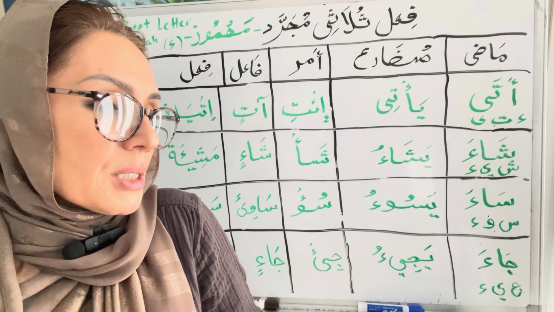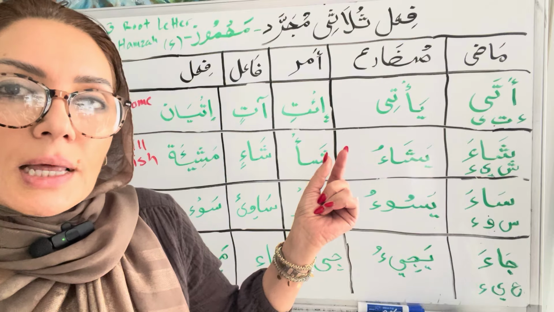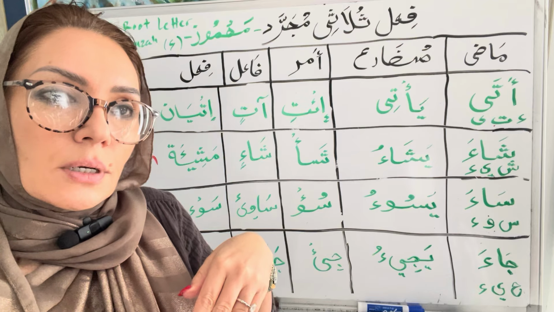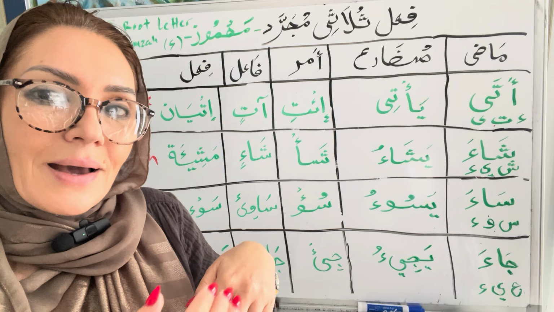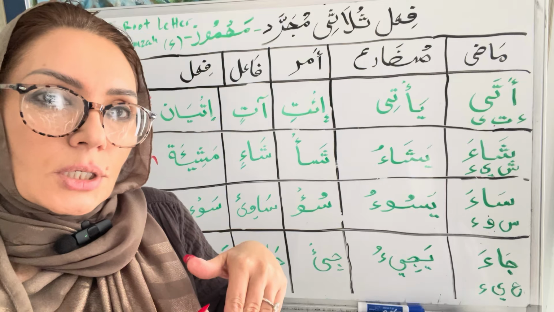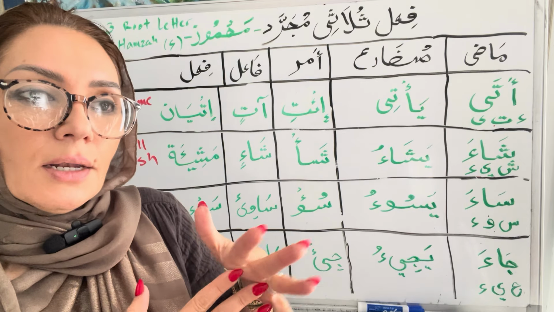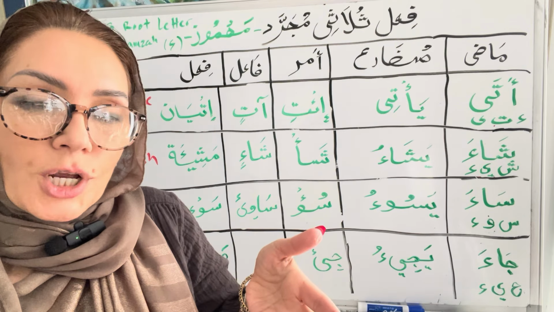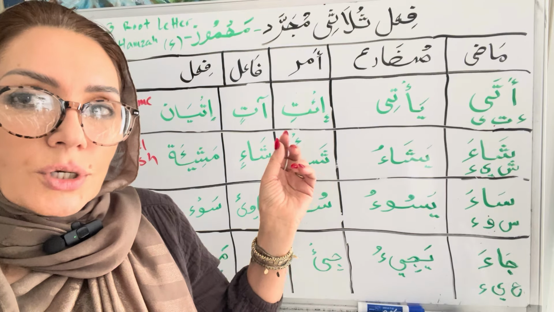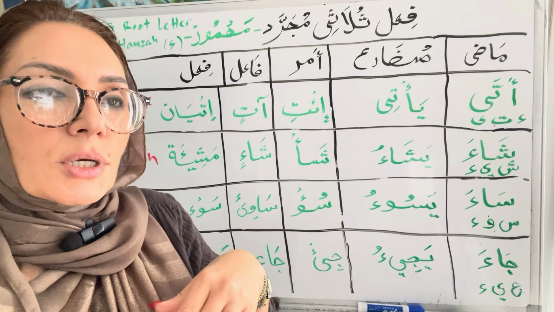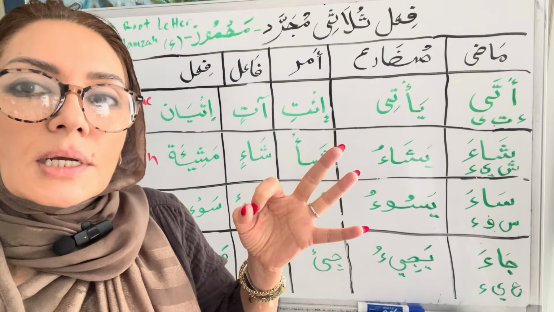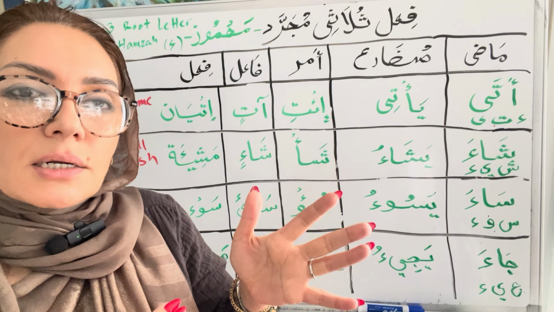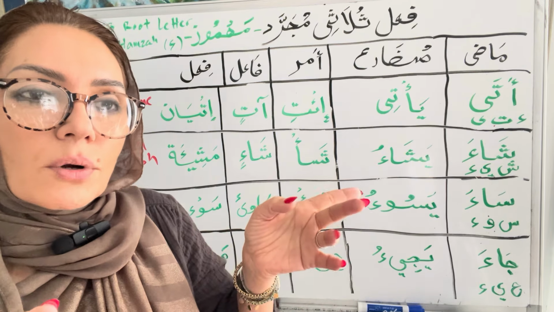It means that when we have a basic 3-letter root verb, going forward we're going to be adding an extra letter to it. Then the meaning changes a little bit, and the form is changed. So it's no longer fa'il thulathi mujarrad. It becomes something else, because it's no longer just 3 root letters. Now we're adding something in the middle, or sometimes in the beginning, or both, or things like that.